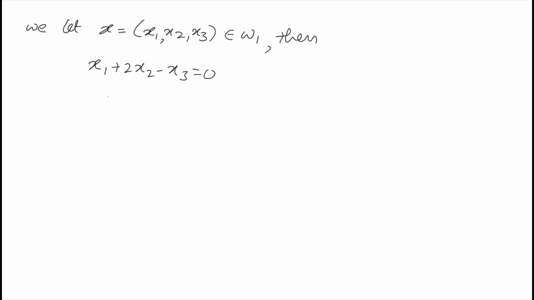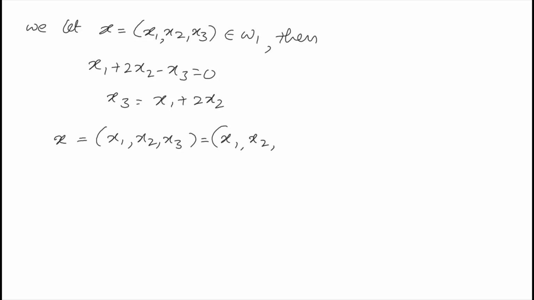From this we can see x3 is equal to x1 plus 2x2. By rewriting x3 in the given vector, we get x equal to x1, x2, x3, that is, x1 as it is, x2 as it is, and x3 in terms of x1 and x2 as x1 plus 2x2.